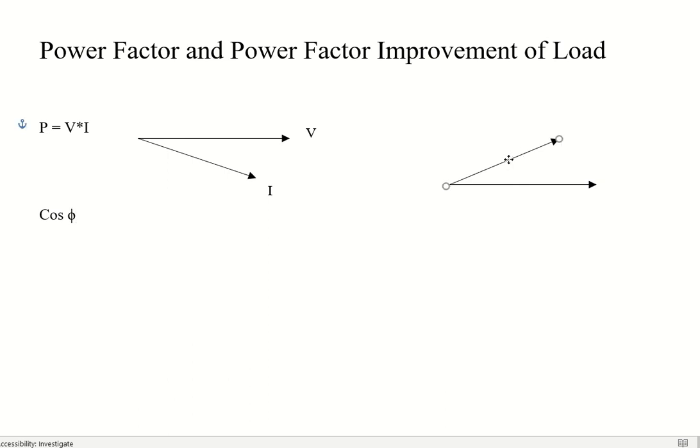see here what is happening. This is my current, this is the voltage. So what is happening is the current is ahead of the voltage, which means this is leading power factor.